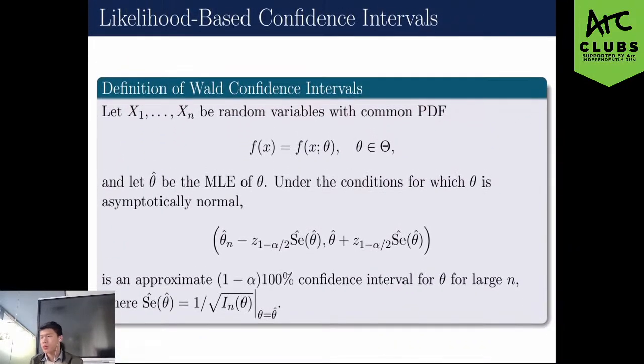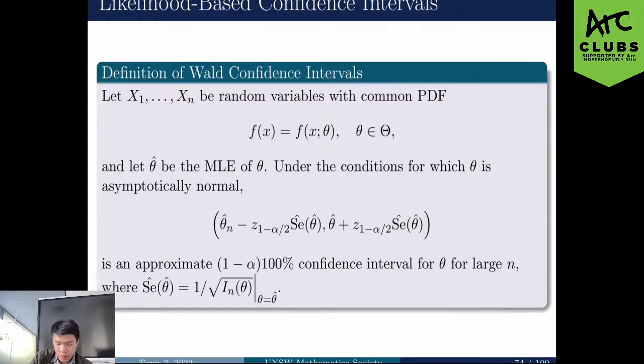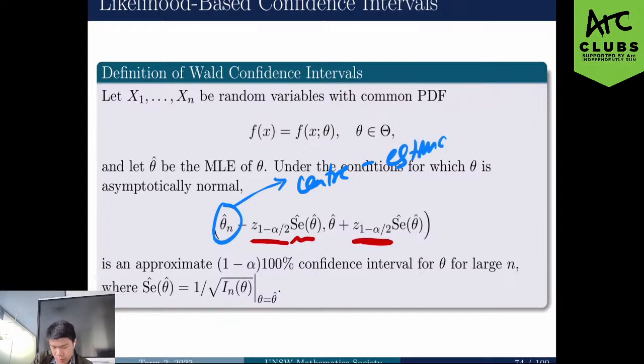Alright, so now we're talking about what we're really trying to get at with confidence intervals. So if you do have an MLE, that's an estimator, then because it's asymptotically normal, the confidence interval looks a lot like the normal confidence interval from before. Because we've got this thing, the center, which is the estimator. We subtract the quantile, 1 minus alpha on 2, which we've seen before, and we multiply that by the standard error. Then we add that again.